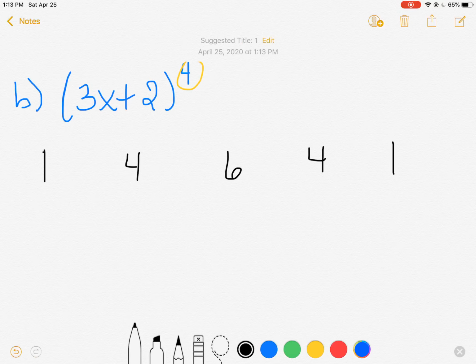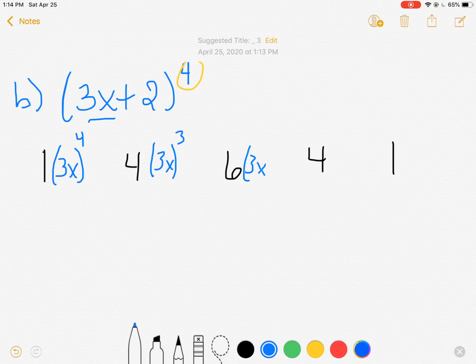This time though, my first term and my second term are not just variables. They have numbers with them, but it is the same process. So when I take this first term and I walk it down, I'd have 3x to the 4th. Notice I put the 3 and the x both in parentheses because they'll both be raised to the 4th. And then 3x to the 3rd.